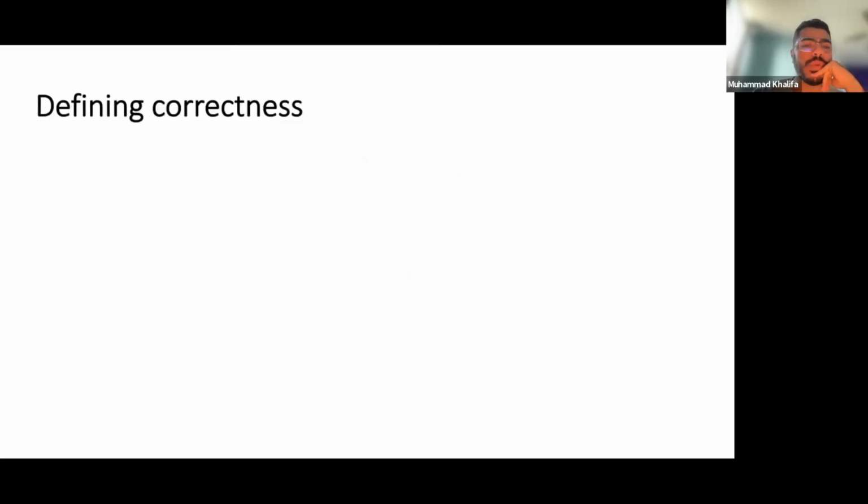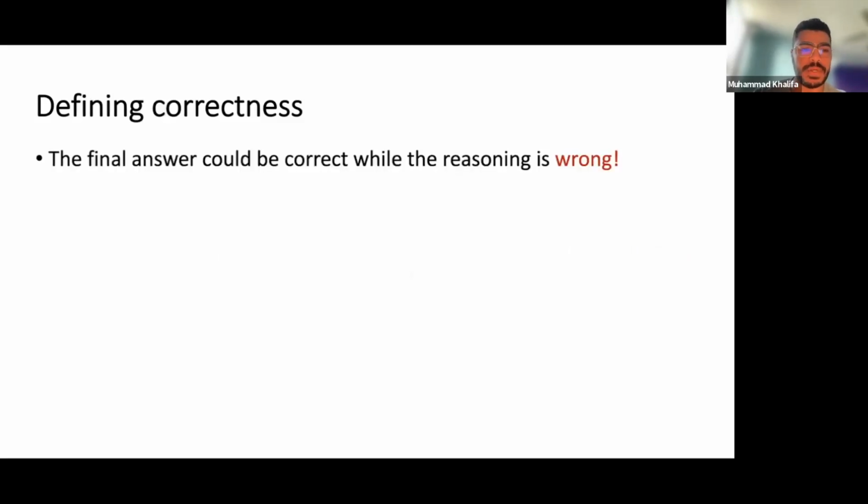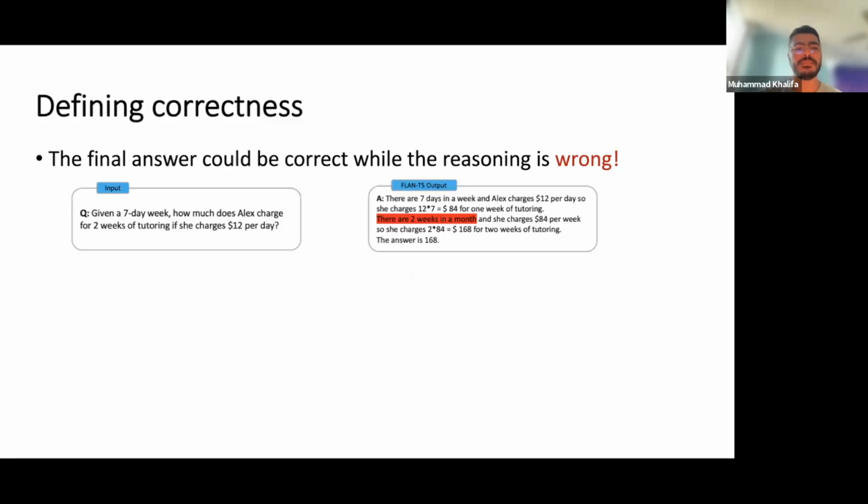So before we talk about reasoning being correct or not, I feel it's important to define what we mean by correctness here. Interestingly, there has been a lot of work showing that language models could reach a correct final answer, but the intermediate reasoning itself is wrong. To give an example, maybe you have a question like this, and Flan-T5 was able to reach the correct answer, but there's an intermediate step that says there's 2 weeks in a month.